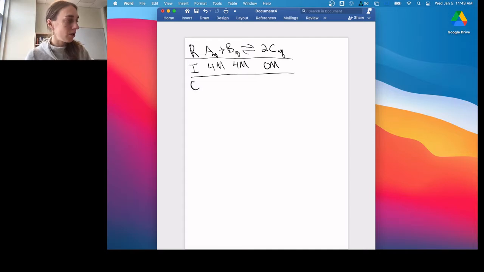So then our change is going to be minus x, and because we have 2C here, it's plus 2x.